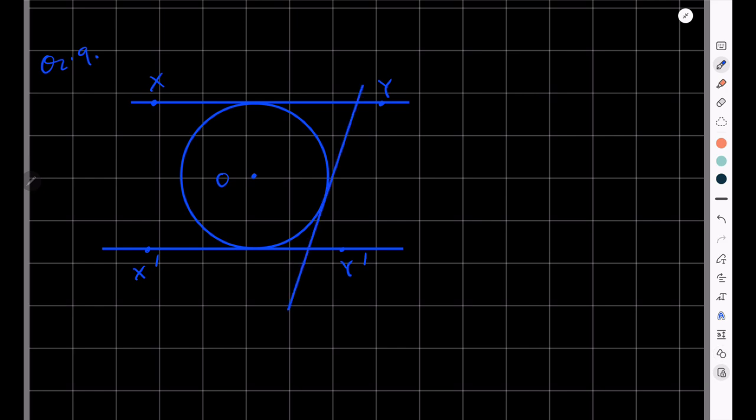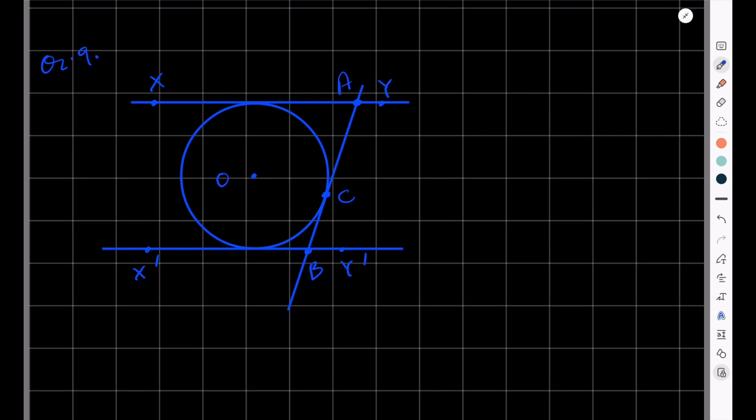So this is a tangent AB. AB is a straight line which is also tangent, which touches the circle at point C. Point of contact is C for this tangent AB. Prove that angle AOB is 90 degree.